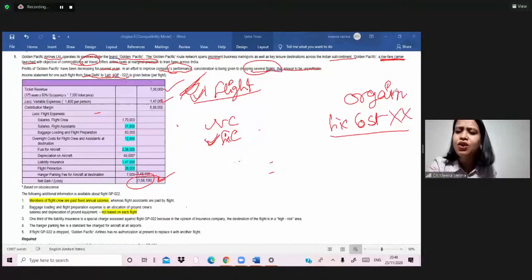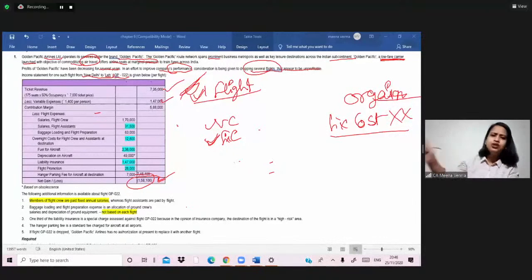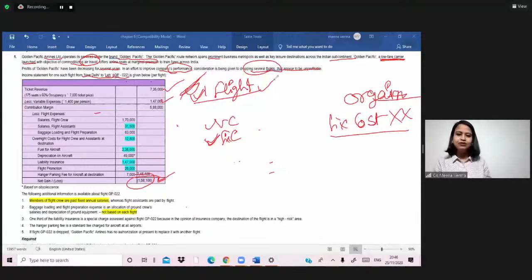Why, ma'am? Why don't you want to consider the fixed cost of the entire organization? See, whether you drop this flight or sell this flight to some other person, the organization will keep incurring these fixed costs.